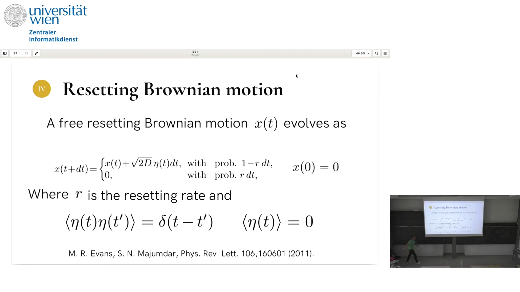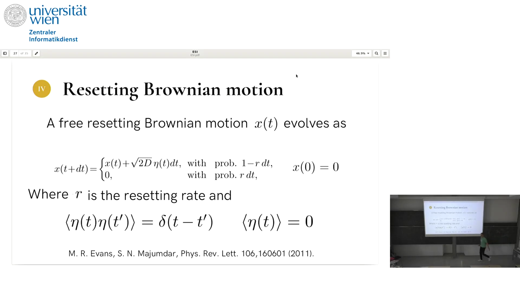If I just draw a trajectory, it's here. The particle evolves like Brownian motion, and then you have a Poisson process which puts it back at the origin, and it evolves again.